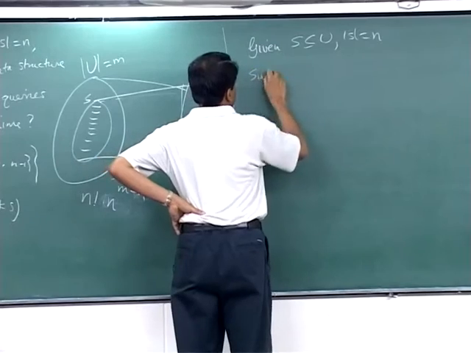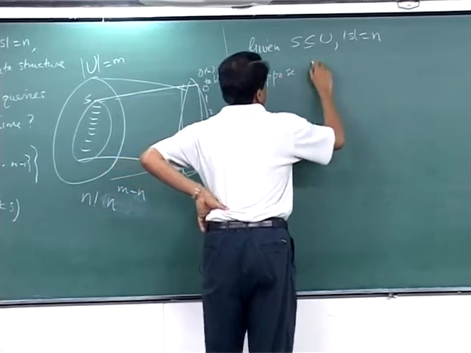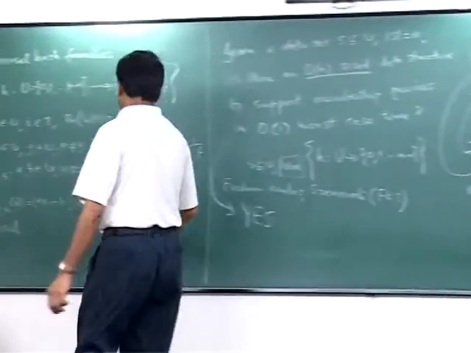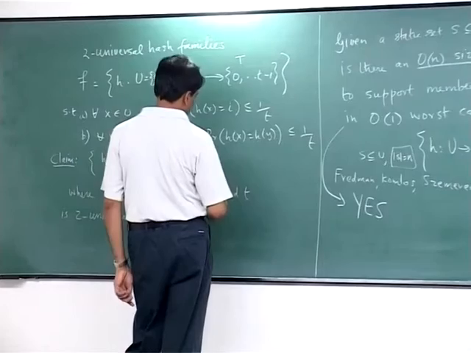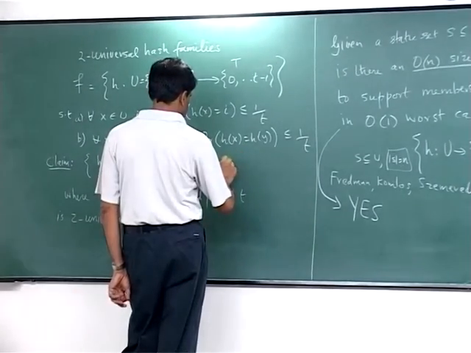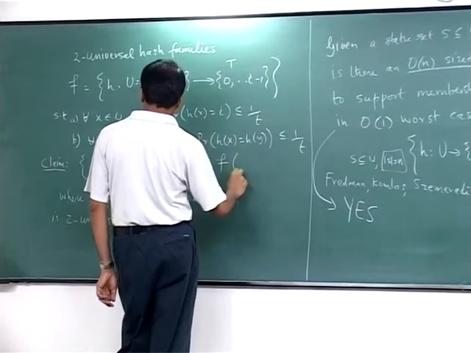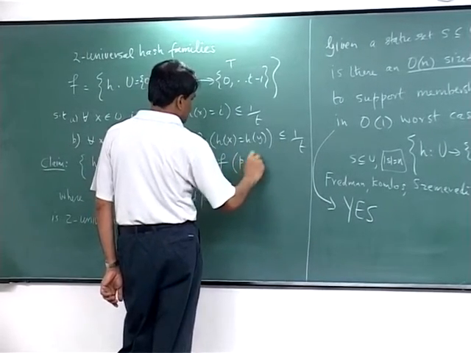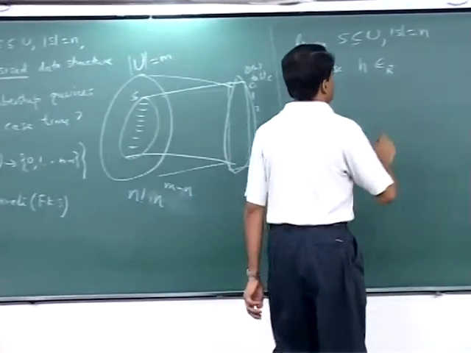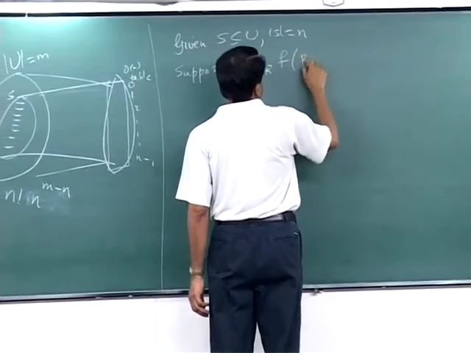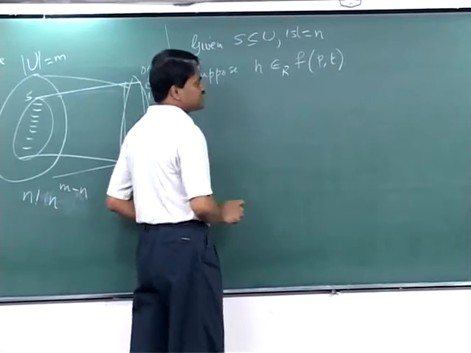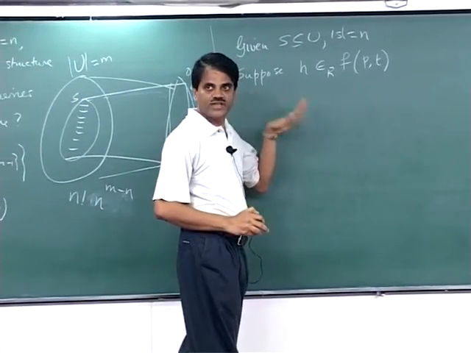Suppose I pick a function randomly from this family. So I take some function from there, randomly picked, and hash S and see what it does to S.